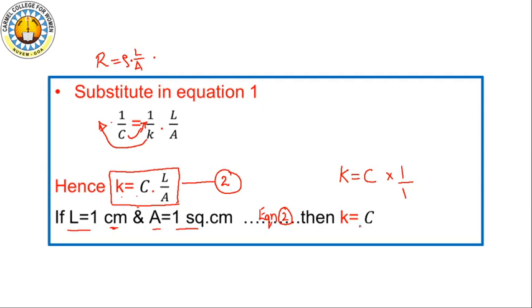So K is equal to C. That is, specific conductance becomes equal to the conductance when the length between the two electrodes is equal to 1 centimeter and area of cross section of the electrodes is 1 square centimeter. So that is how we define specific conductance. Specific conductance is equal to the conductance of the solution when the length between the electrodes is 1 centimeter and area is 1 square centimeter.